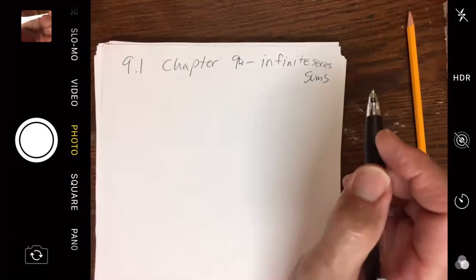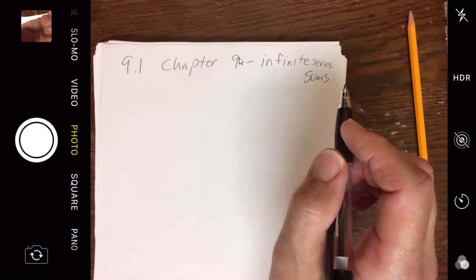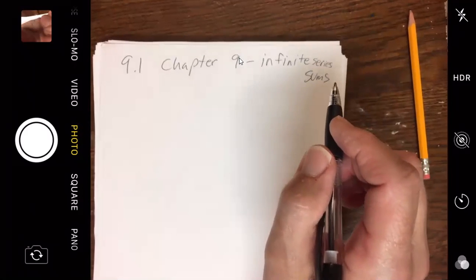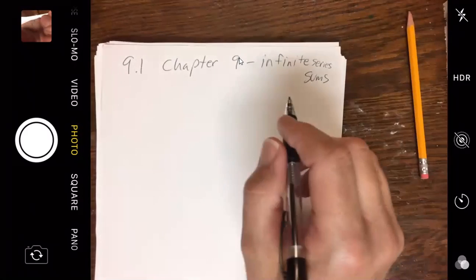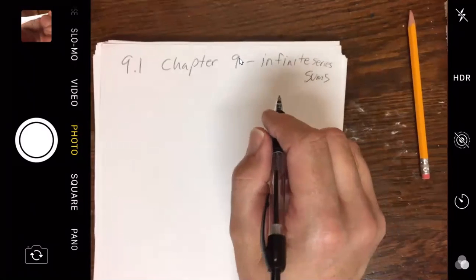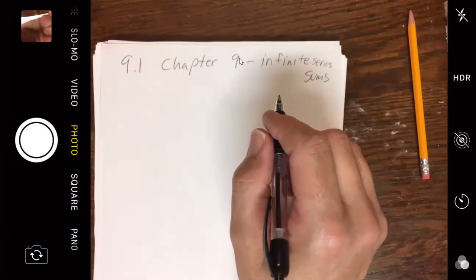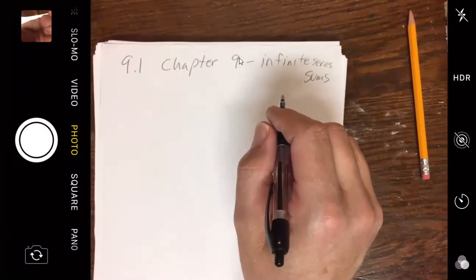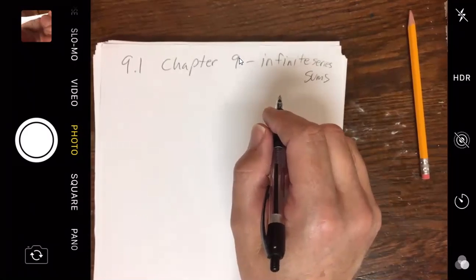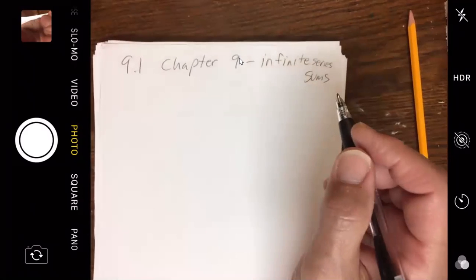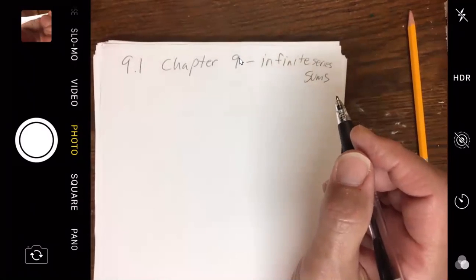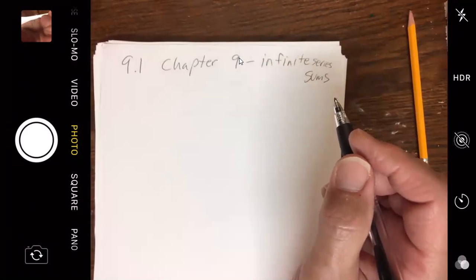I'll try to give you some examples, but I'm not sure how well I can explain all these things. The best way to explain it is with something you're probably familiar with.